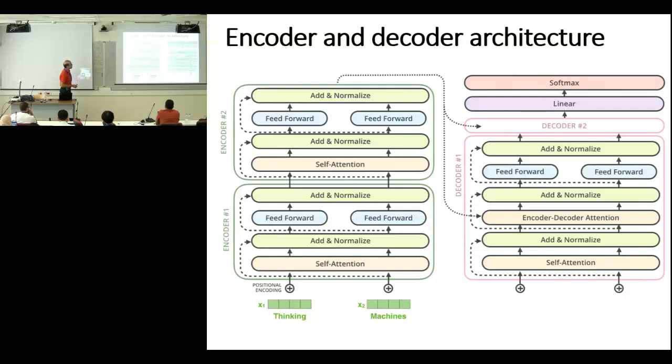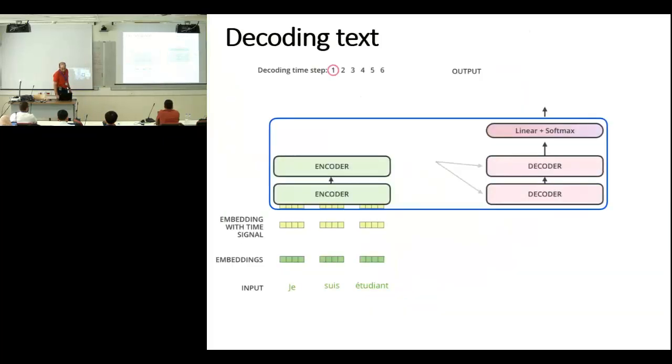And the whole encoder and decoder mechanism is this one. If you compare that with Tacotron, this one is much simpler to implement. Here is an example of how machine translation works.